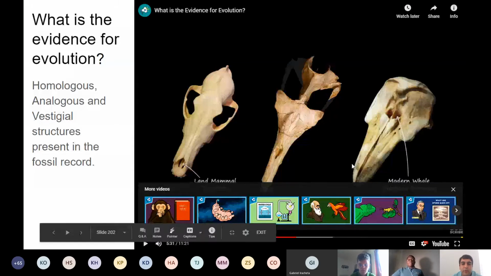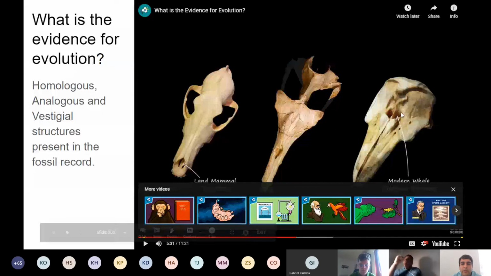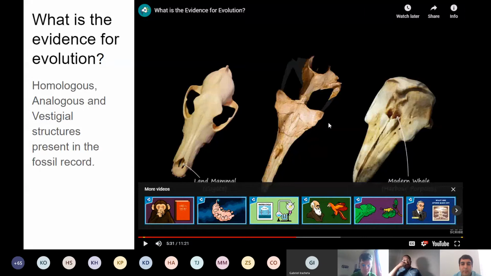With this modern whale, you see that the blowhole's all up here at the top, right? And then if you go further back in time, here it is in the middle, and even further back in time to a common ancestor, you see it's all the way down here with the coyote. So what happened is that over time, it kind of graduated up. Even though this is a coyote, it represents early mammals.